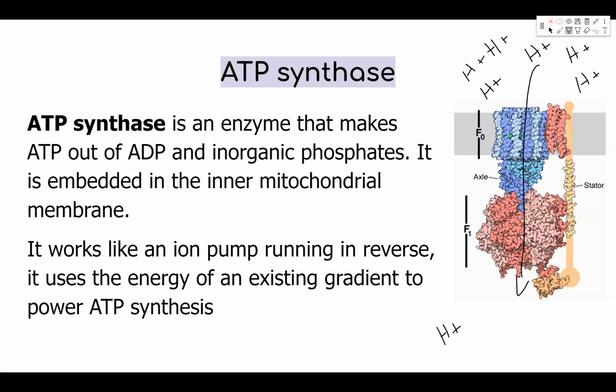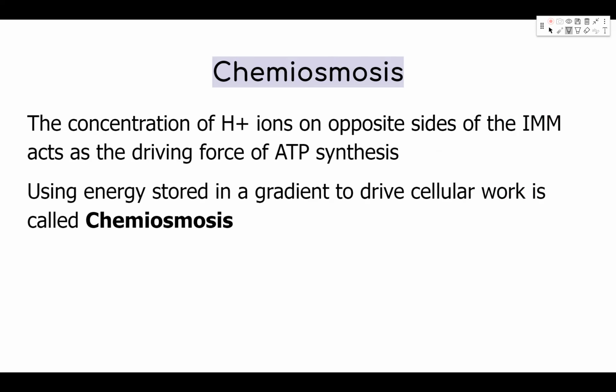So, we're using the difference in those hydrogen ions to generate ATP. We have a special name for this because we have a special name for everything, and we call it chemiosmosis. Chemiosmosis.